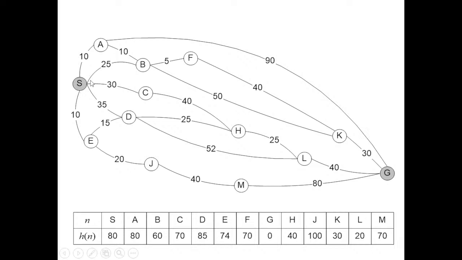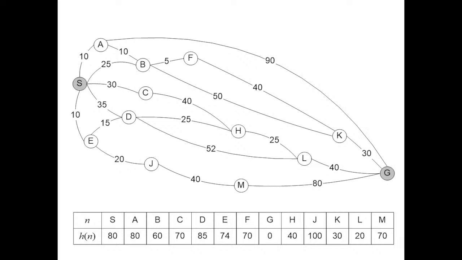The actual cost from S to B is 25, going to K is around 50, and from K to G is around 30. So we will need around 105.